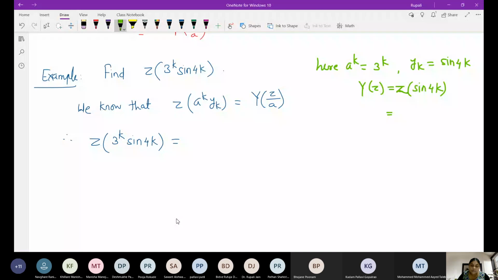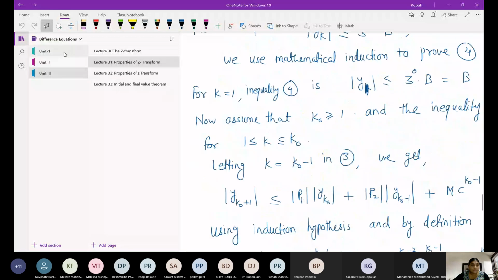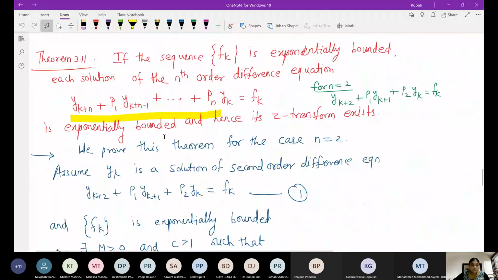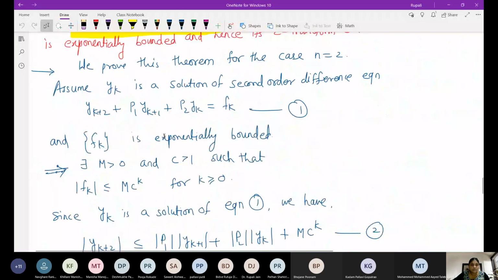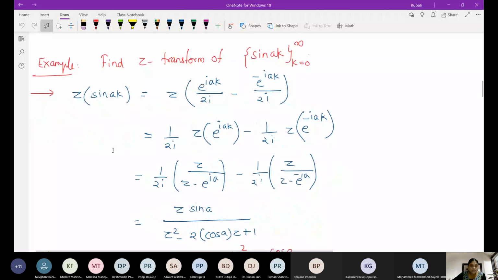Z transform of sine ak is nothing but z sine a divided by z square minus 2 cos a z plus 1, right?